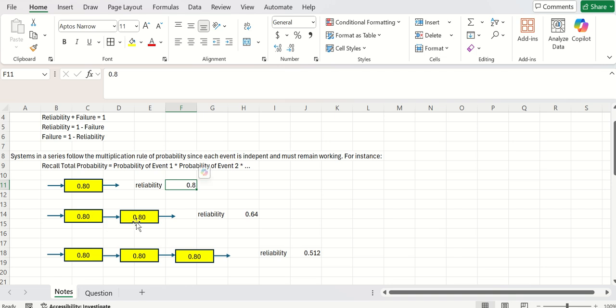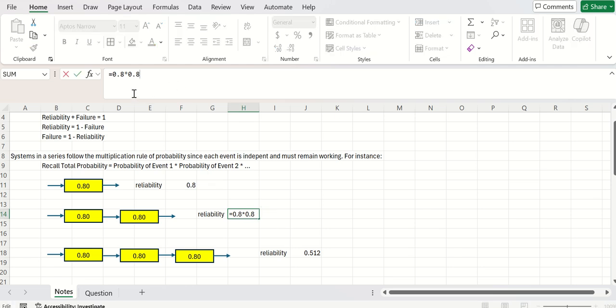Remember back from probability that if we have two events that are independent of each other, we can use the multiplication rule, which means that it's the probability of this event happening and the probability of this event happening. You can see that it is the probability of number 1 happening and the probability of number 2 happening.